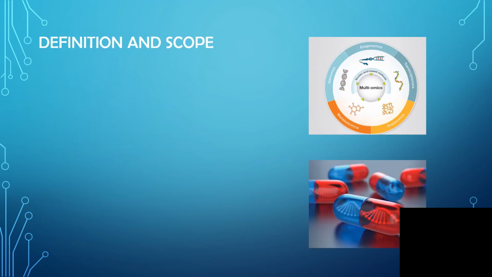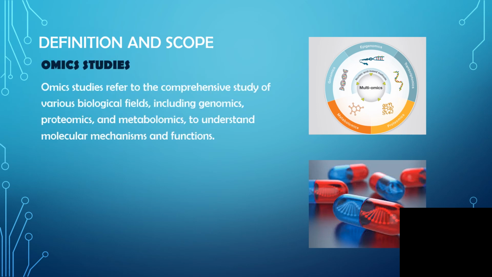Let's start with some definitions. So, what is omics studies? Omics studies refers to the large-scale analysis of biological systems, fields like genomics, proteomics, and metabolomics, aiming to understand molecular mechanisms and interactions holistically.